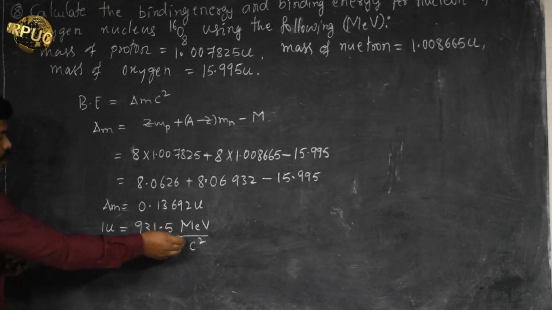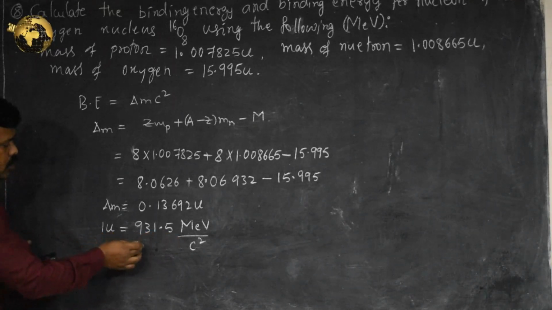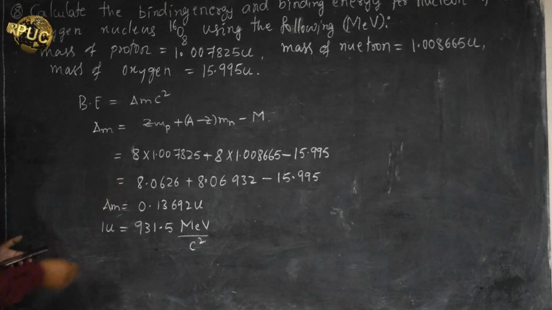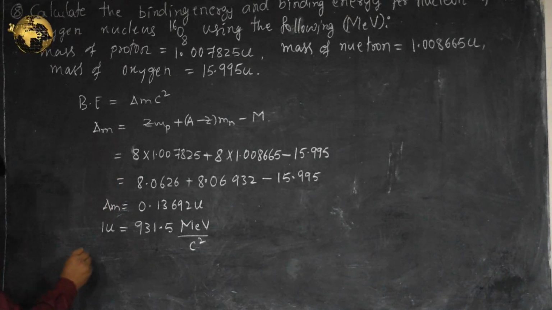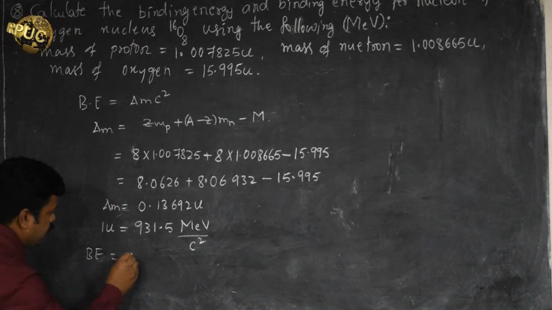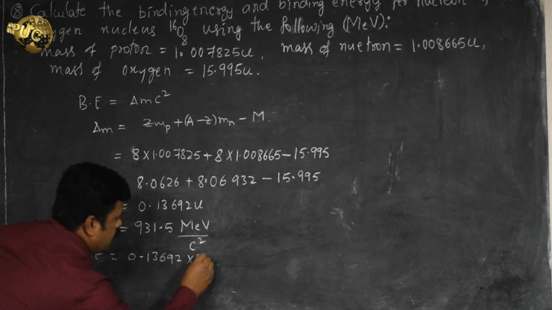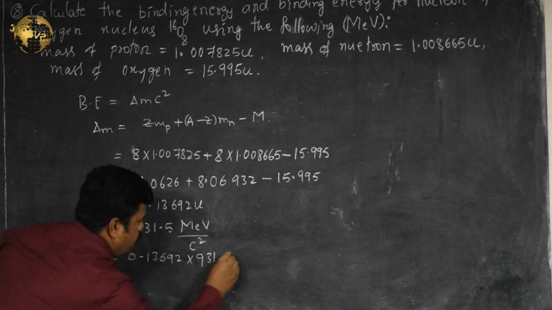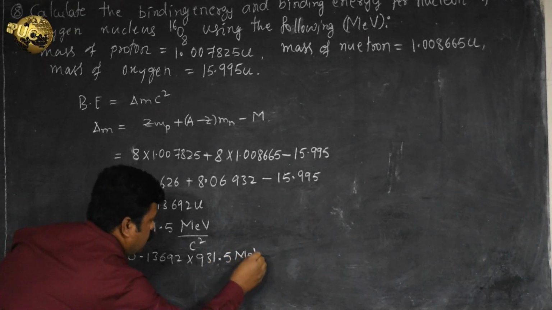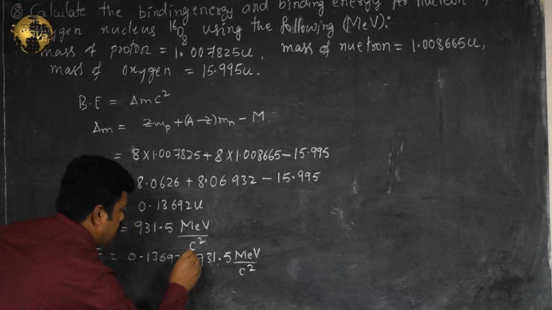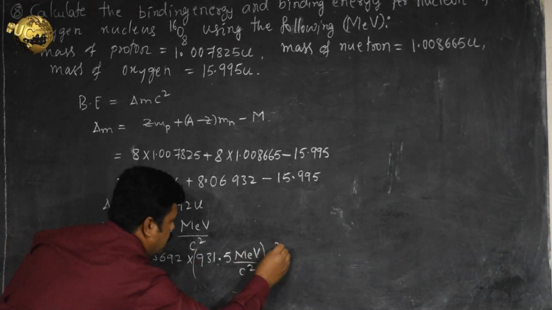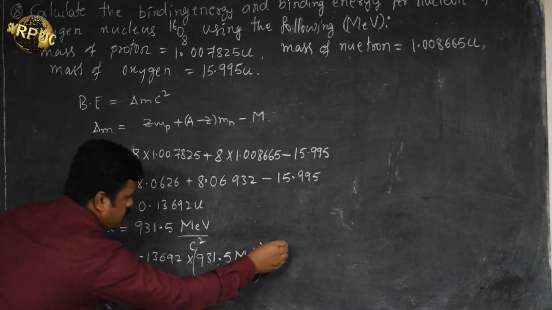We substitute this value for 1 U. So the binding energy is delta M, 0.13692, into 931.5 mega electron volt divided by C square in place of U, multiplied by C square.